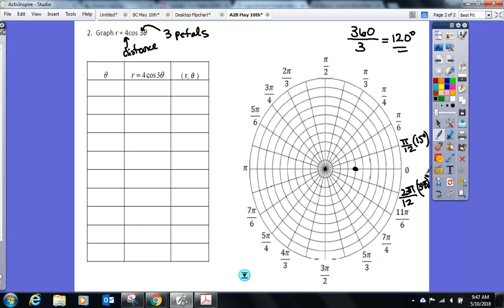You can fill in whatever you want right now to show me what values you're calculating. Are we okay on where these came from, the one to the right and the one to the left? Right now I'd find the value of pi over 12 or 15, and 23 pi over 12 or 345, whatever mode your calculator's in.